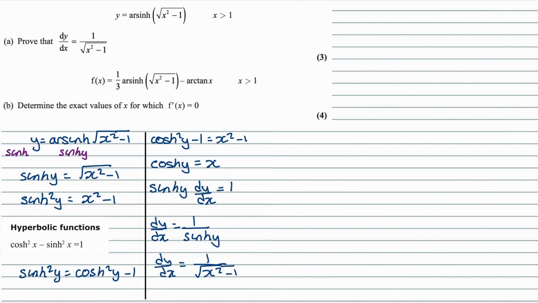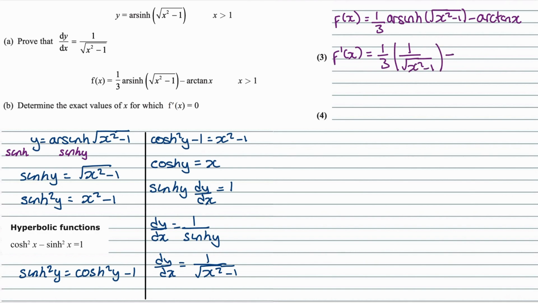And then for part B, we need to find f prime of x, so we need to differentiate this with respect to x. And you can see a lot of the hard work's already been done because we've differentiated this term to get the term here. So when we differentiate all of this with respect to x, including a third, we'll get f prime of x is 1/3 multiplied by the 1 over the square root of x squared minus 1.